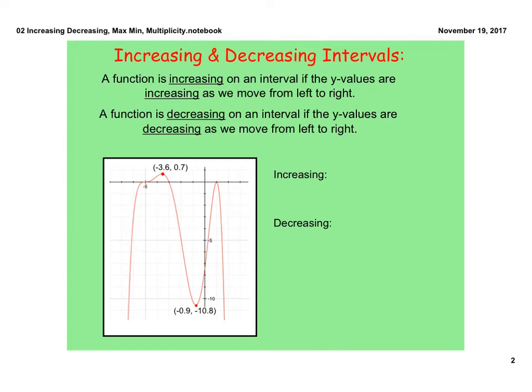Since these are only x numbers, it's rising until it hits that spot. And what is that? Well, that's from forever to here. And what is that spot? Is it the 3.6 or is it the 0.7? It's the 3.6. So it is increasing from -infinity until it hit -3.6.